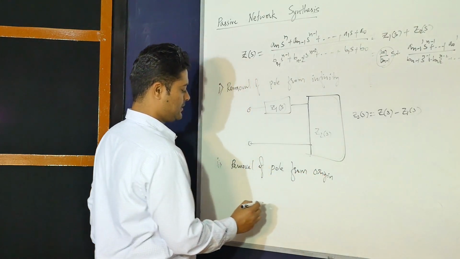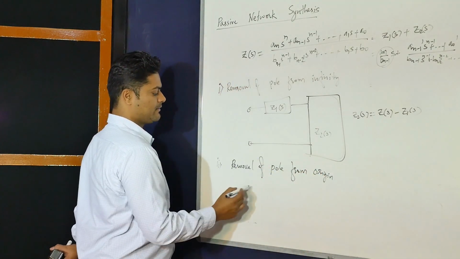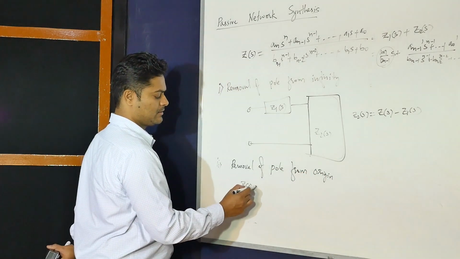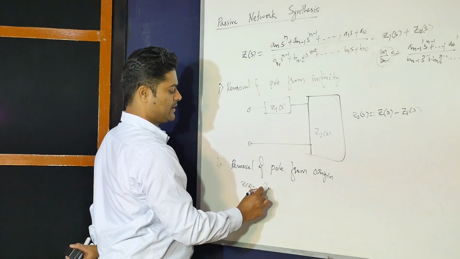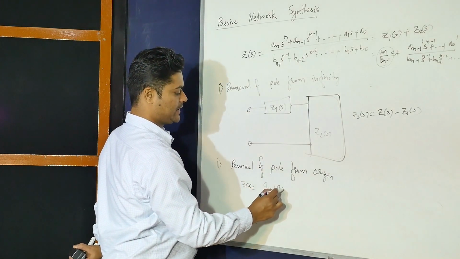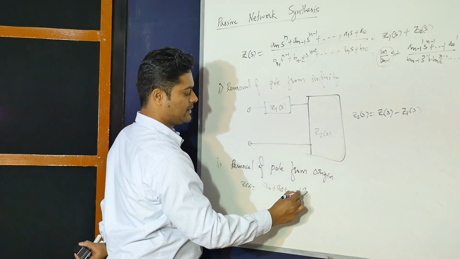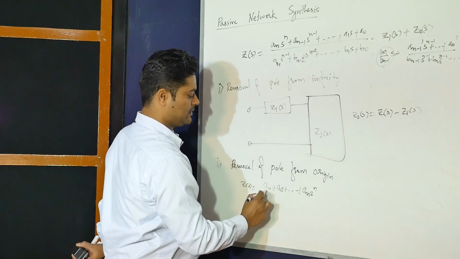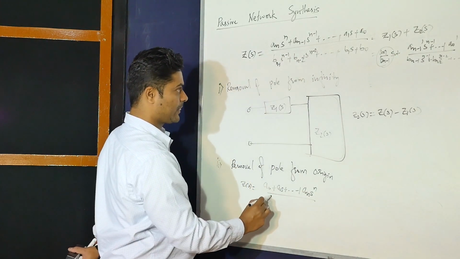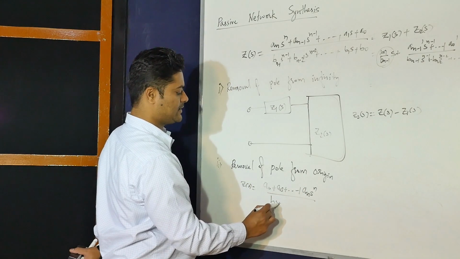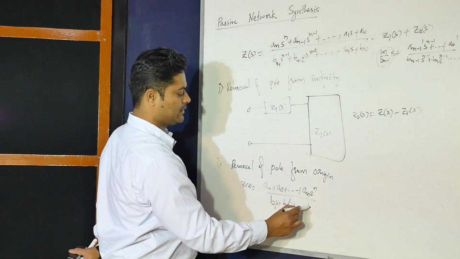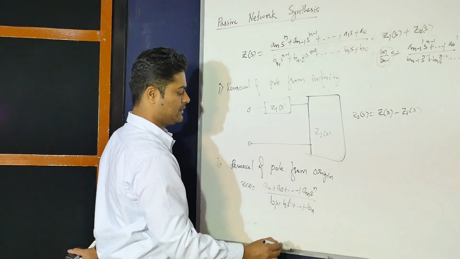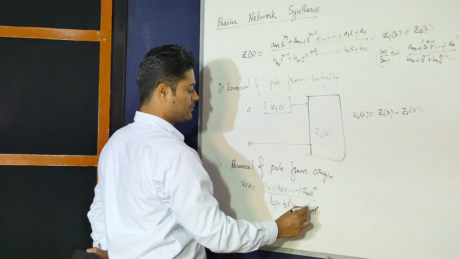What it indicates: given a function Z of s, let me reverse it and write A0 plus A1 s, so on till An s to the power n, divided by the denominator B1 s, B2 s square, so on till Bm s to the power m.